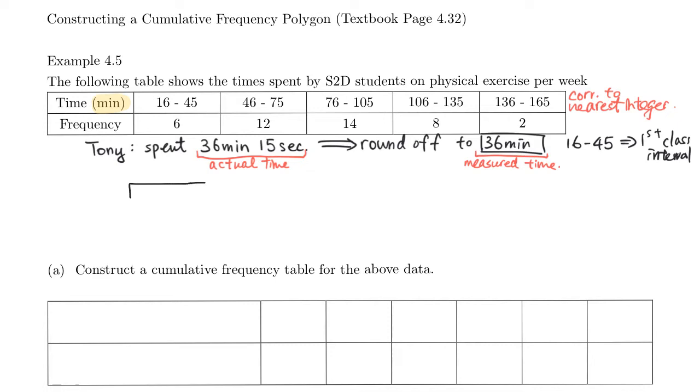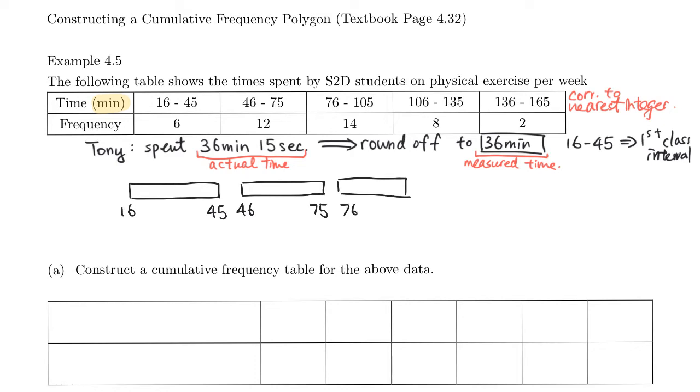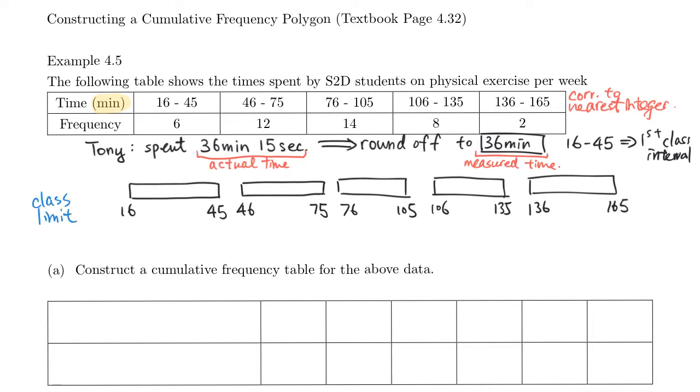For example, we look at these class intervals as boxes, right? So these are the boxes we have. Okay, I will speed it up a bit. 76, 105, 106, 135, 136, and 165. Remember these numbers are called the class limits.